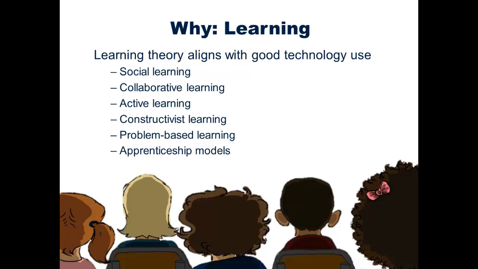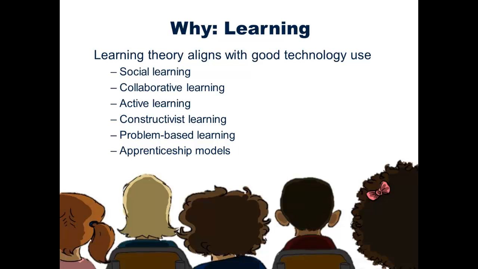The second clump of learning theories that align themselves very nicely with good technology use are the ones that are focused on students getting very practical or hands-on learning experiences. You've got apprenticeship models, you've got problem-based learning, constructivist learning, even active learning in this case as well, where students are actually able to operate in simulations. They can use games that replicate real-life events in order to grasp concepts or skills or develop problem-solving skills in more depth.